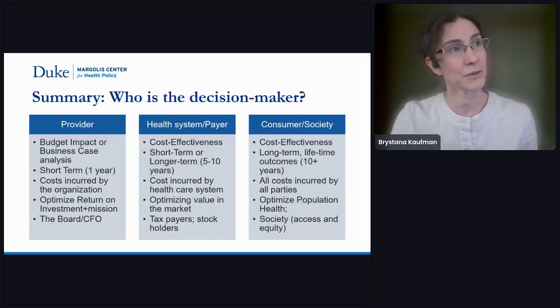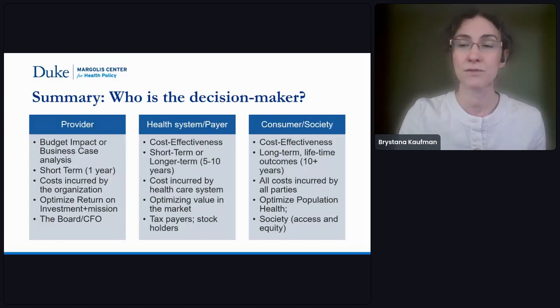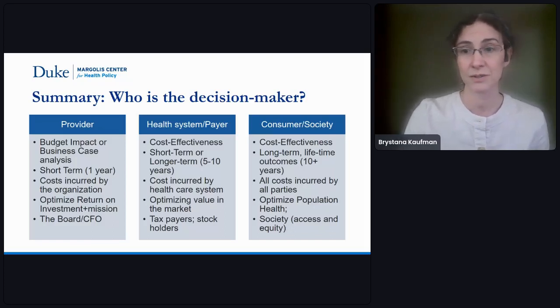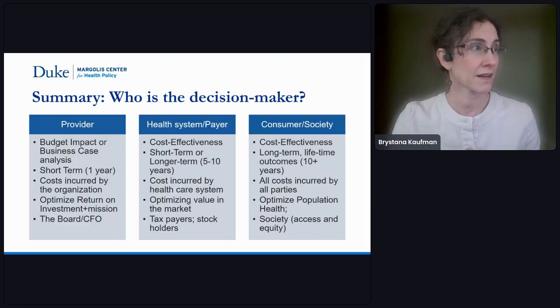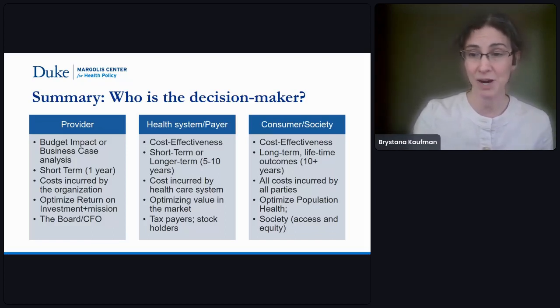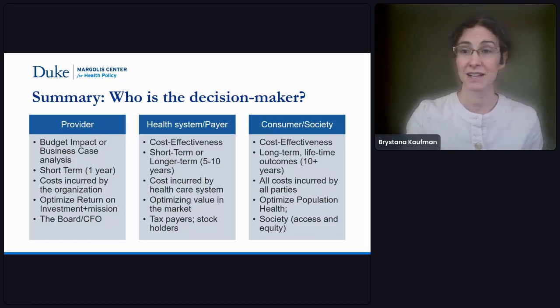So thinking about who is the decision maker can inform a lot of the different decisions that you need to make in designing a cost analysis and how you want to approach those different questions. So for providers, often a shorter time horizon is going to be more relevant as they think about feasibility and planning for their budget.